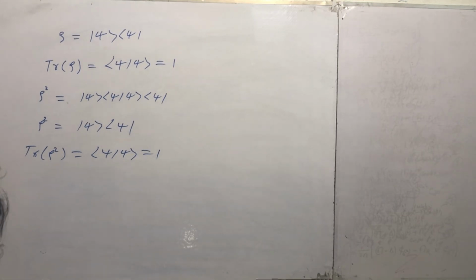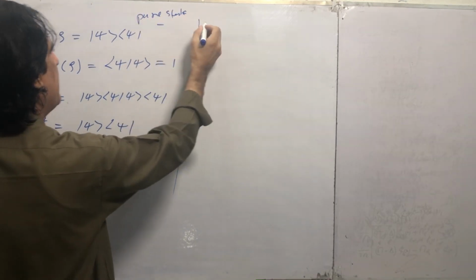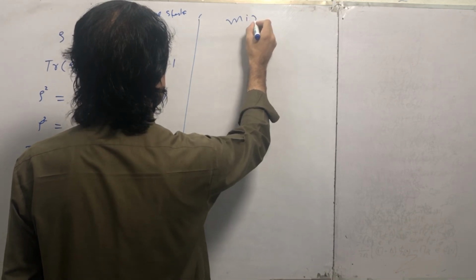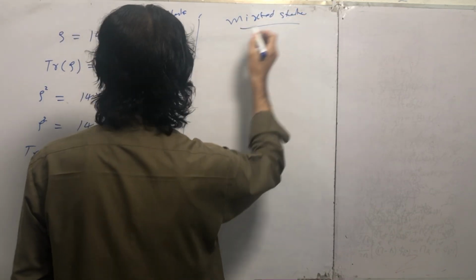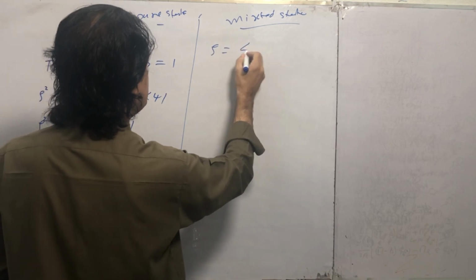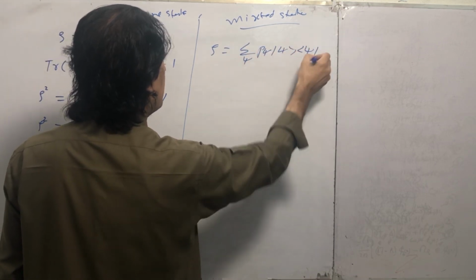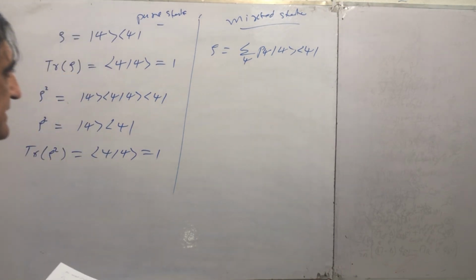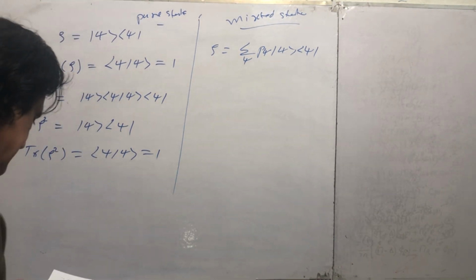Similarly, for a mixed state, we know the probability p_psi and |psi><psi|.